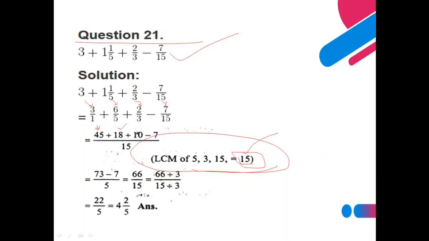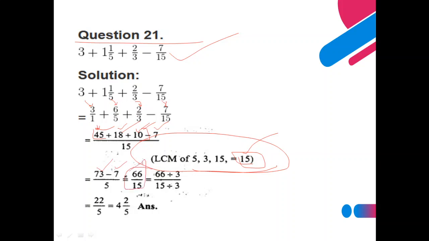Here also 3 will divide into 15, 5 times, and then 5 multiplied by 2, 5 twos are 10, and here minus 7. So now firstly we will add the positive numbers, here the positive numbers 45, 18 plus 10. What is the addition of those three numbers? 73, and then minus 7.